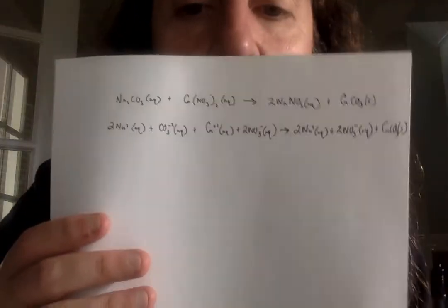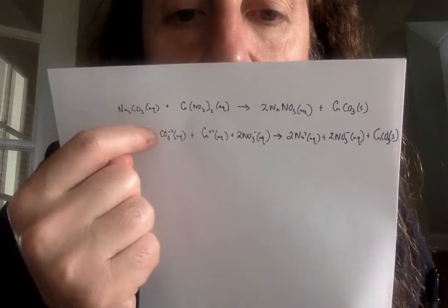I'm running out of room here. But when you look at this, what you'll notice is that the sodium is the same on both sides. The nitrate is the same on both sides, so we can cross those out. And so when it asks you for the net ionic equation, what it's really wanting here is Ca 2+.